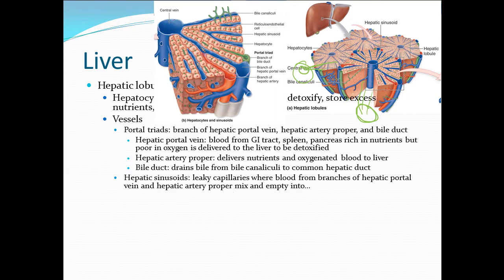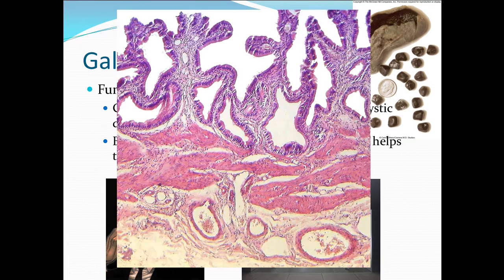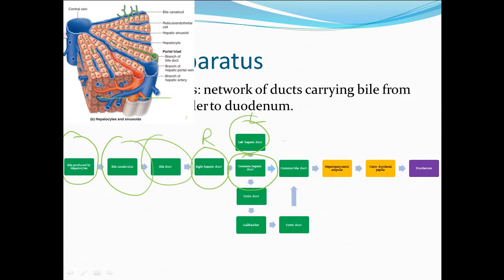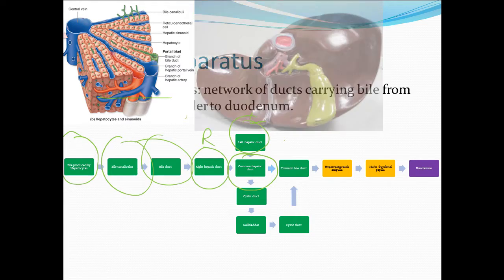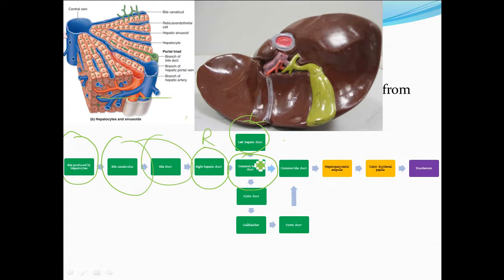So those structures, those terms you already should know. And what ends up happening is that when you look at what was this again? Hepatic portal vein. This one, hepatic artery proper, and then this one here.